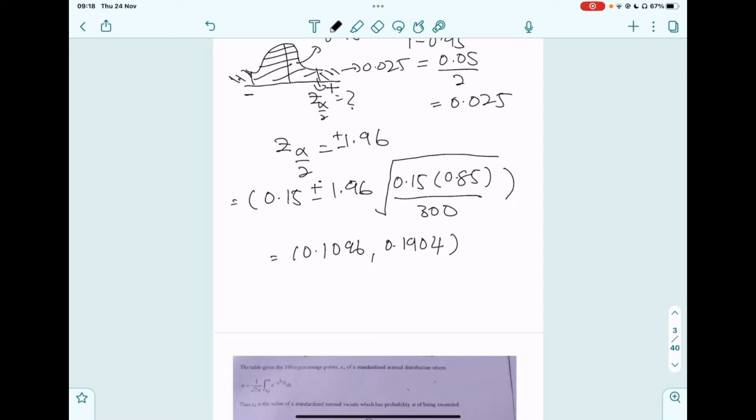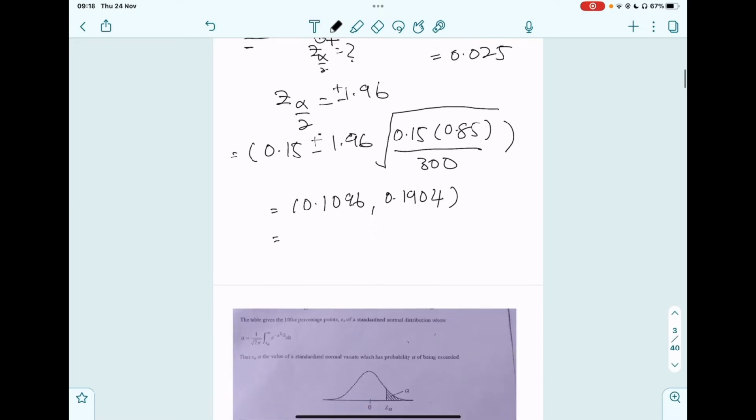So basically, for the confidence interval of 95%, the proportion is going to be around 11% until maybe 20%. That's all from me.